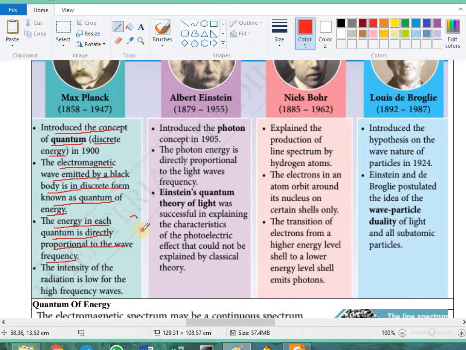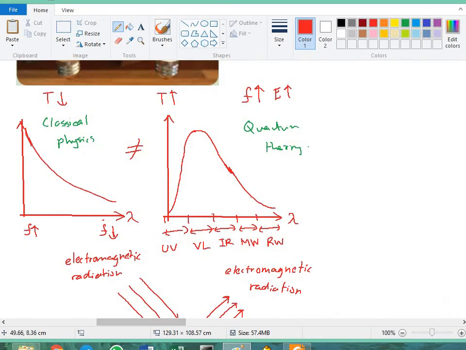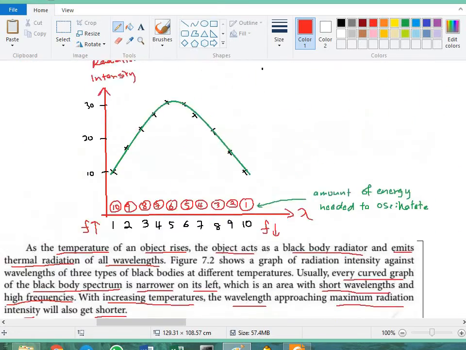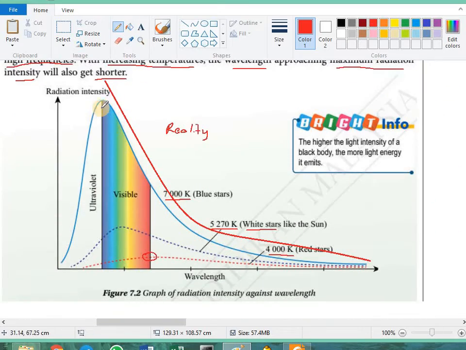We will discuss this later. So the intensity of the radiation is low for the high frequency wave. This is what we see in the graph: intensity goes down for high frequency or short wavelength.